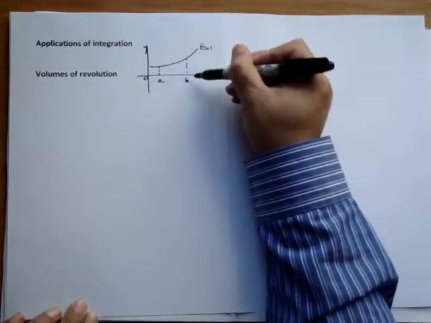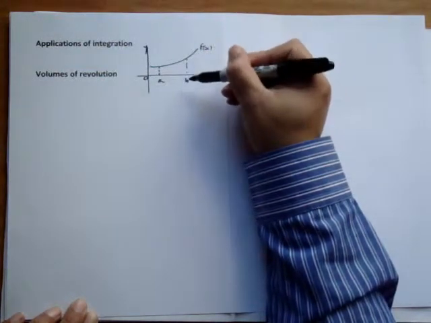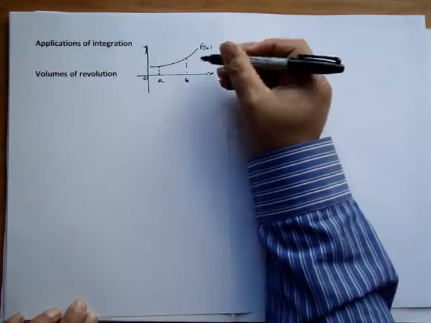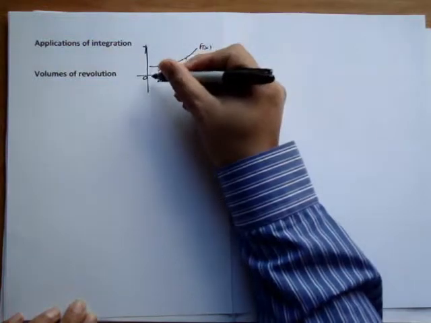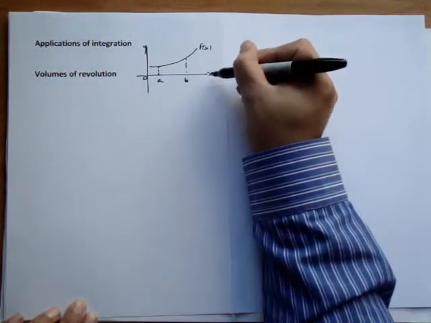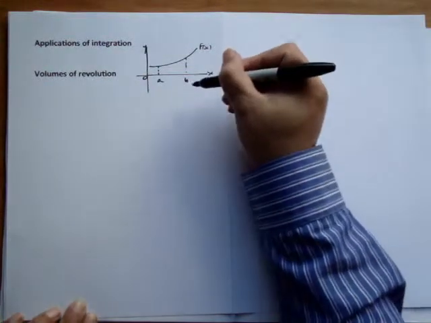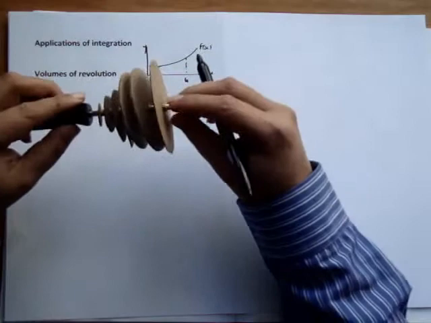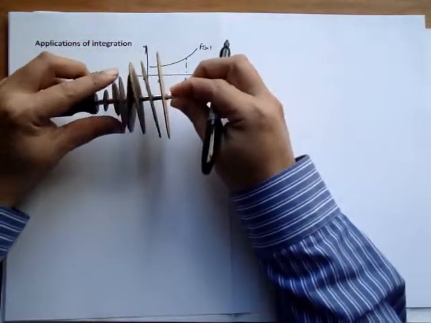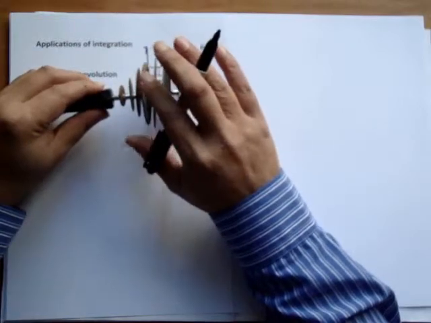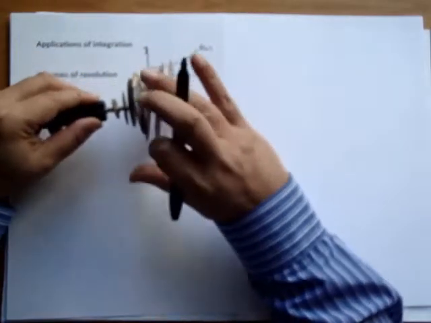If we rotate this plane figure around the x-axis by one revolution, we generate a solid symmetrical about 0 and x, so along the x-axis. So basically what we would get, if I just do a little model here, and I've split this into slices, the solid, so we can see.